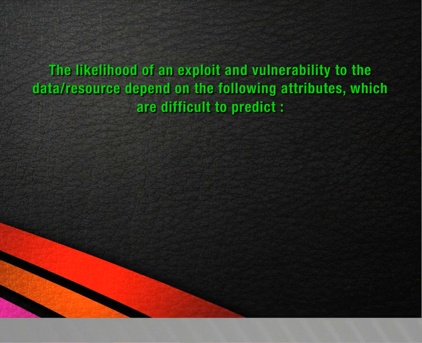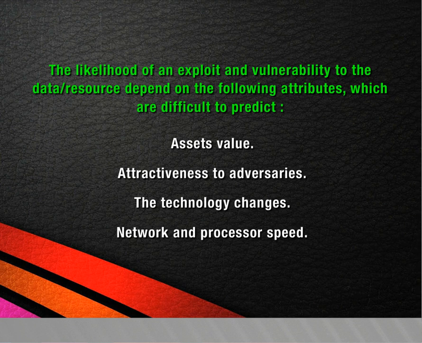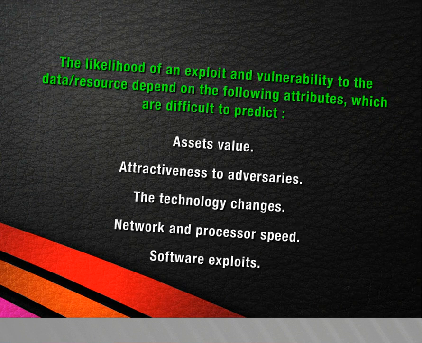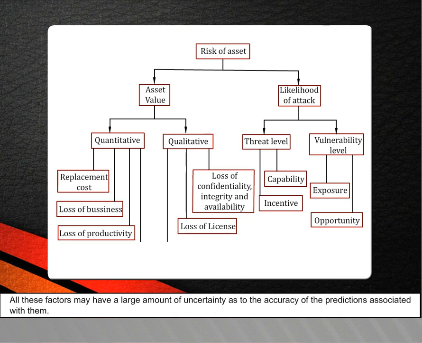The likelihood of an exploit and vulnerability to the data or resource depends on the following attributes, which are difficult to predict: asset value, attractiveness to adversaries, technology changes, network and processor speed, software exploits. All these factors may have a large amount of uncertainty as to the accuracy of the predictions associated with them.